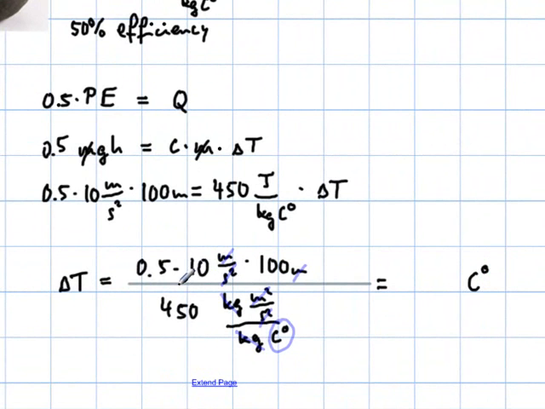Then we have 0.5 times 10 is 5, times 100 is 500, 500 divided by 450, you may do that on the calculator, comes out to around 1.1 Celsius degrees. So it does increase a little bit in temperature.